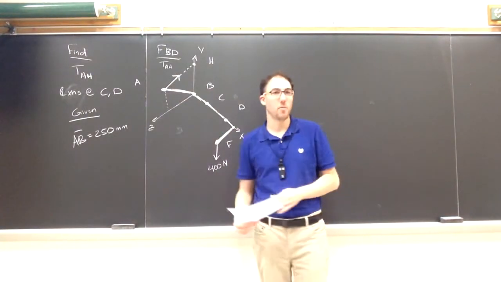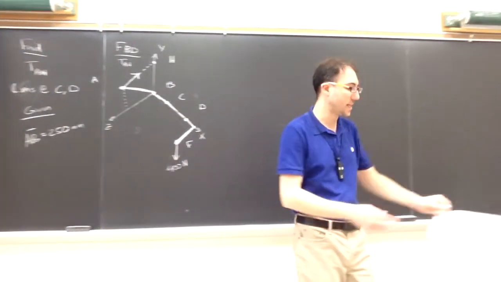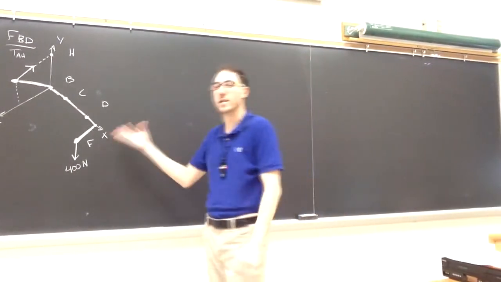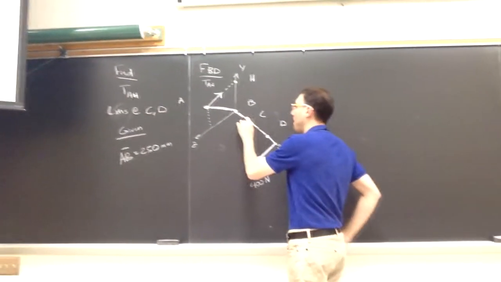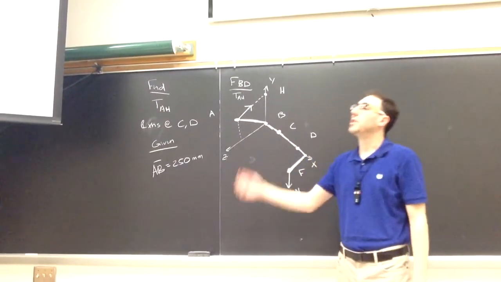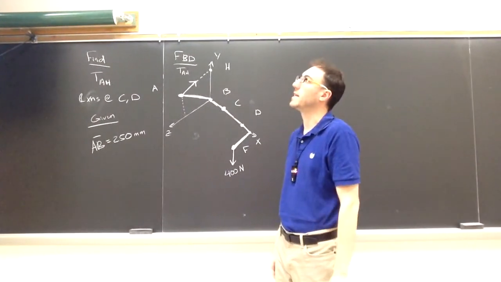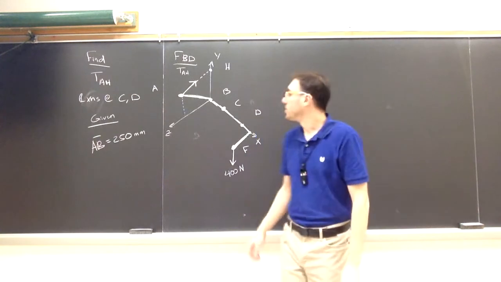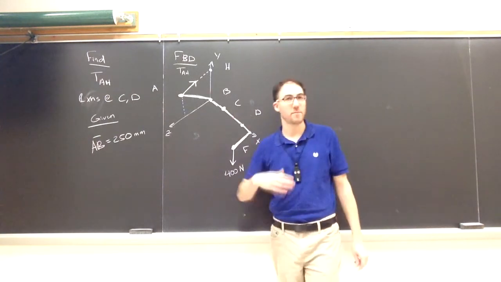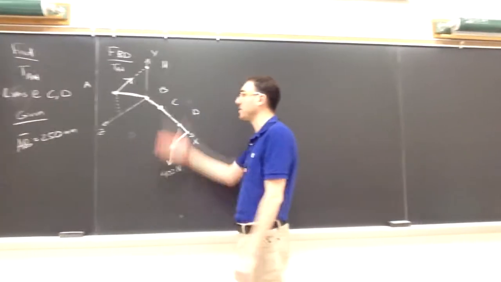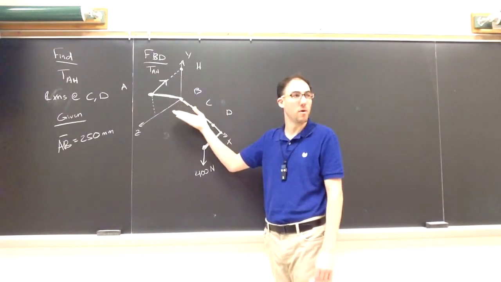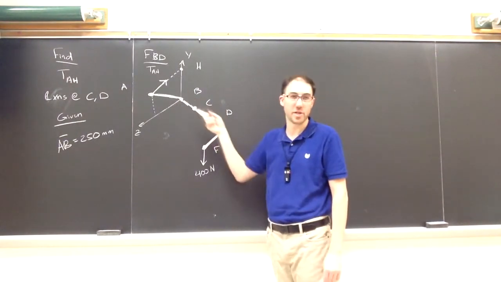Now we want to model what the other supports are doing. Since we, again, did not include the bearing in the picture at C or D, we have to include what they do. At point C, the text tells us that it is a thrust bearing. So what motion is prevented by the thrust bearing at C? All bearings are going to prevent the shaft from moving normal to the longitude of the shaft.